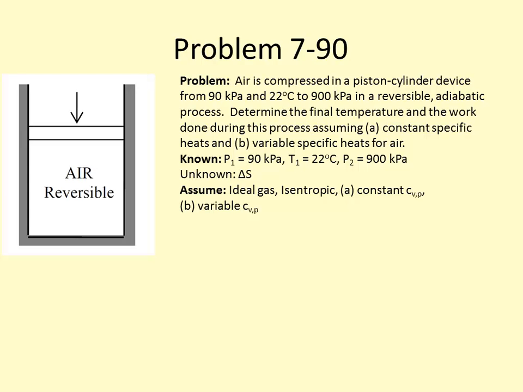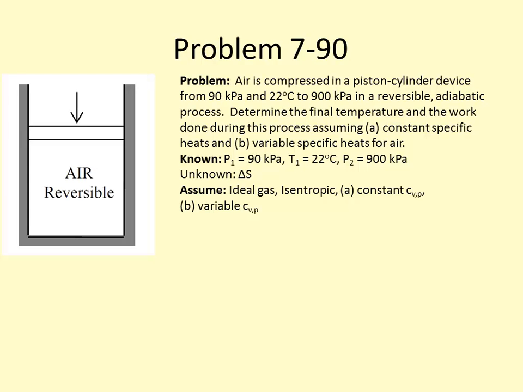We don't know M, so we divide through by the mass, and we have our lowercase w is equal to C sub V times T2 minus T1.